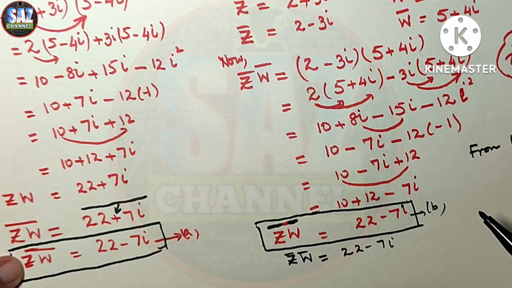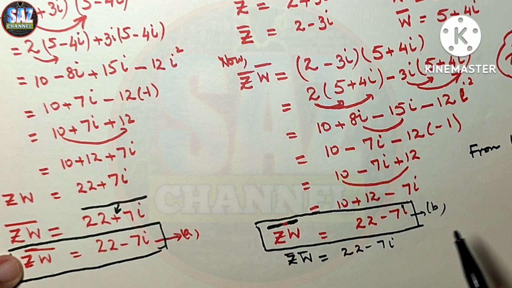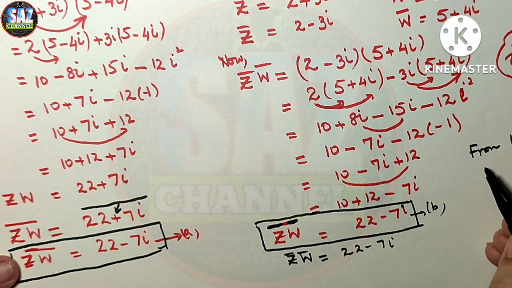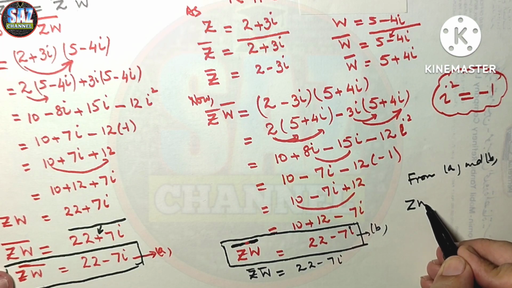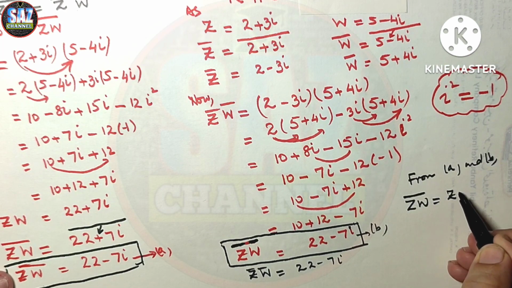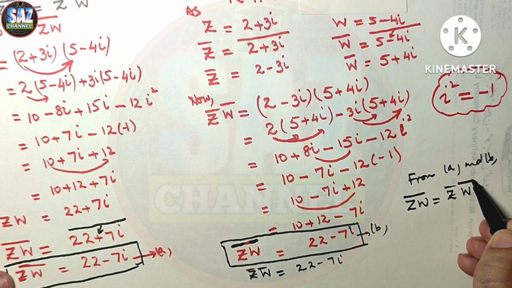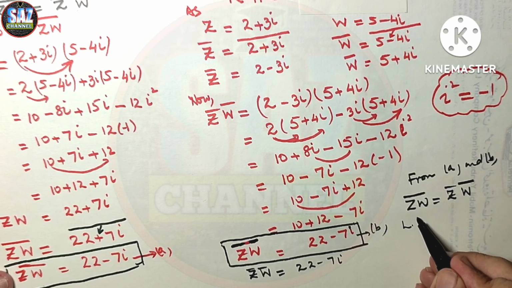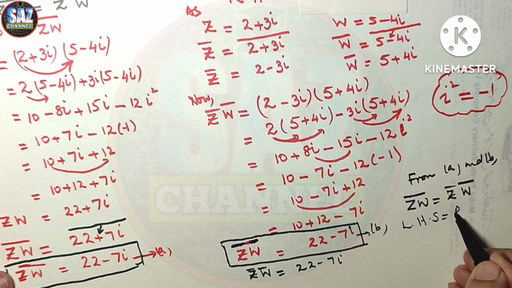(ZW) whole bar is 22 minus 7 iota, and Z bar multiplied by W bar is again 22 minus 7 iota. So (ZW) whole bar equals Z bar times W bar. So, left hand side equals right hand side.